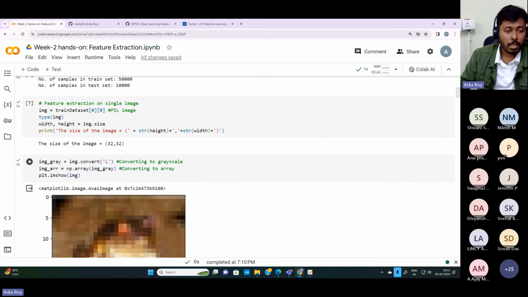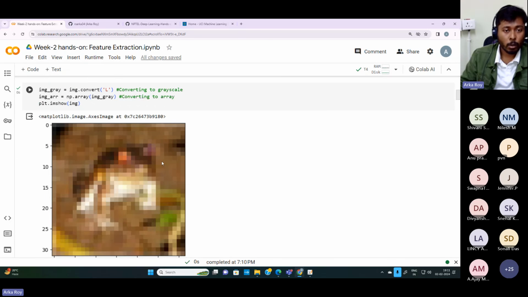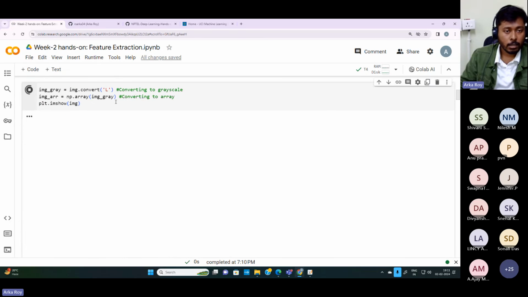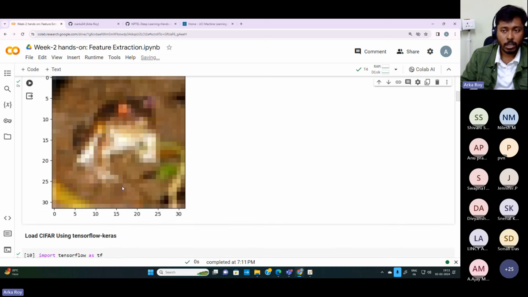Yeah, so this image ARR is basically coming from this particular image. So this is the frog over here. If I just run it again, so this is the frog image.